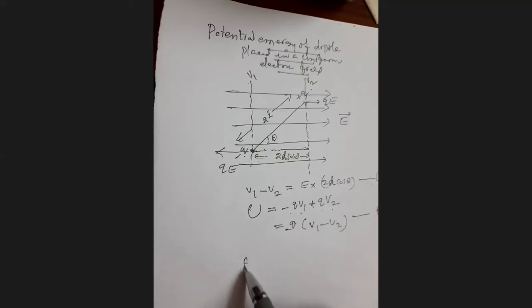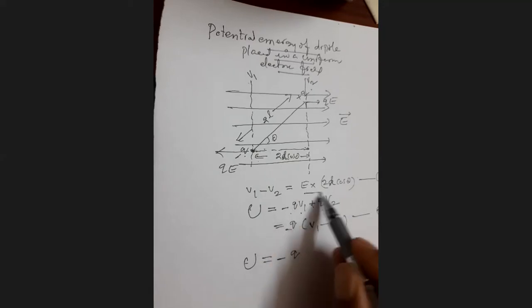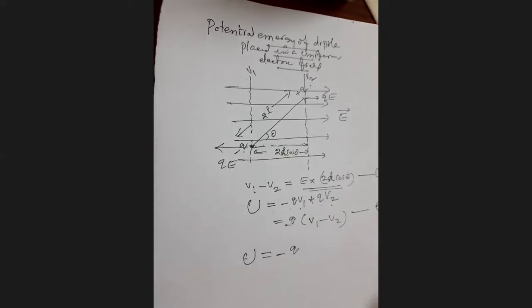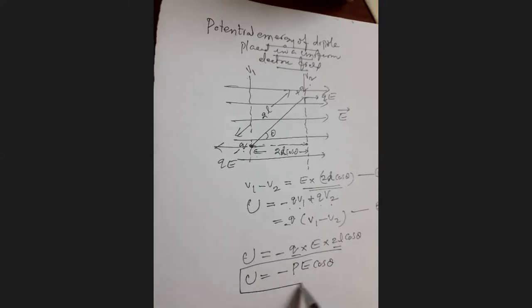From these two equations, U equals minus Q, but V1 minus V2 equals E into 2L cos theta. Substituting that, U equals minus Q into 2L, that is dipole moment P, into E cos theta. This is the potential energy of the electric dipole when it is placed in the uniform electric field.